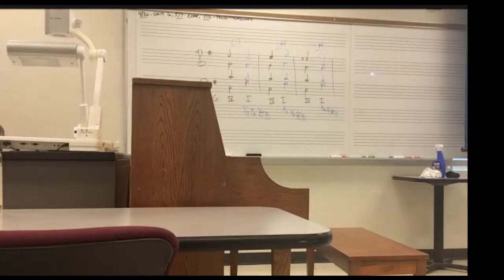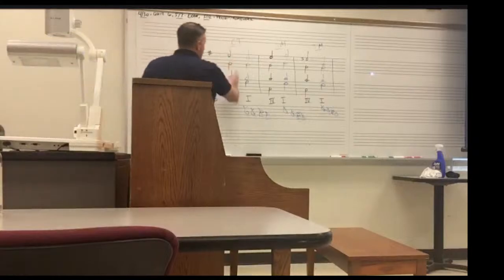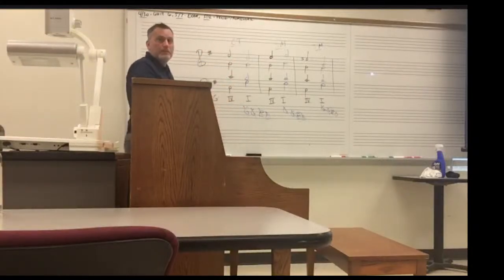Question? Yes. So okay, let me see if I get this. So common tone, basically the bass and the alto are the same note. You double both. In this case, it depends on which voice has the common tone. So this G could be in the tenor, the G could be in the soprano.